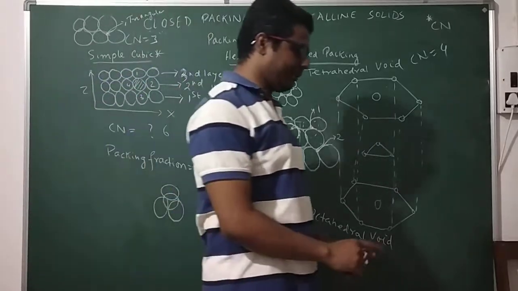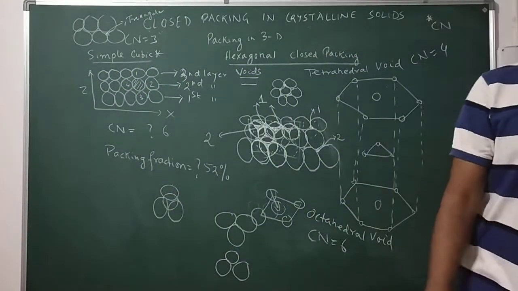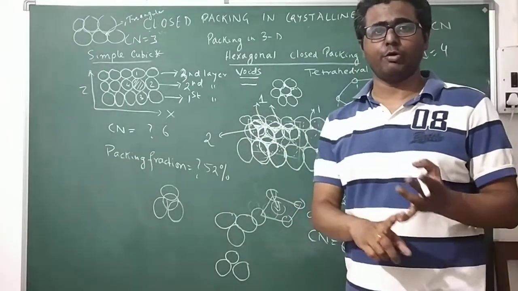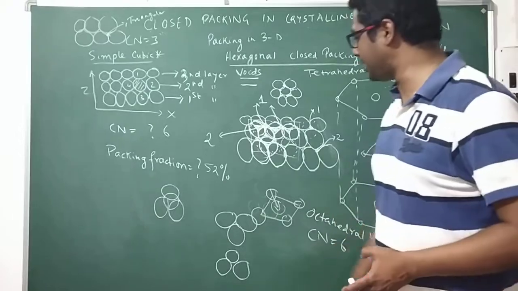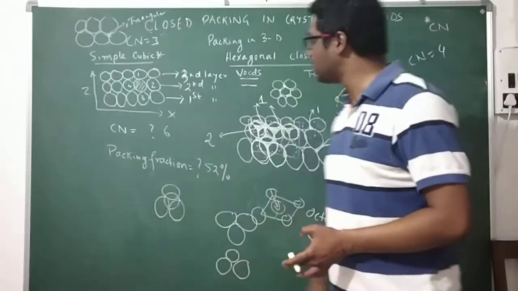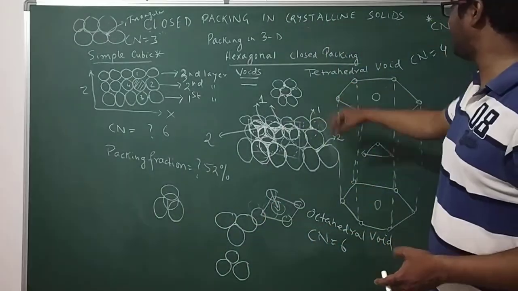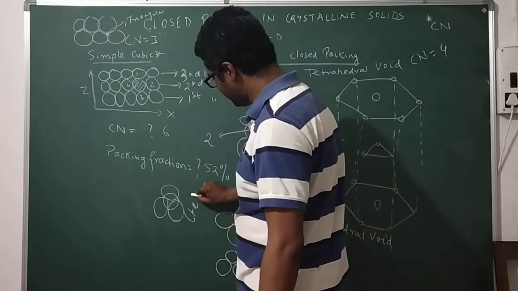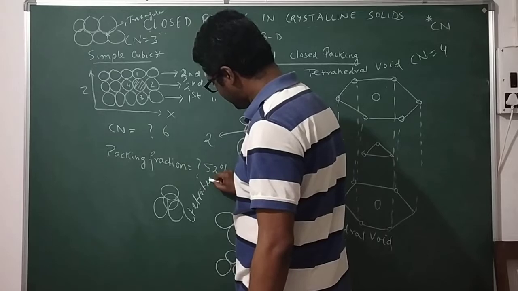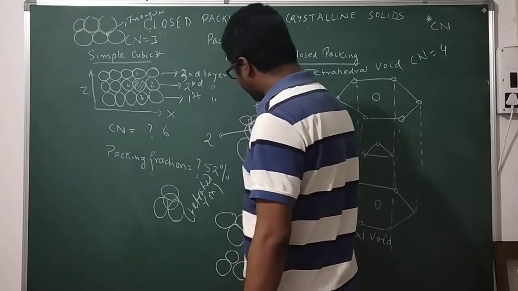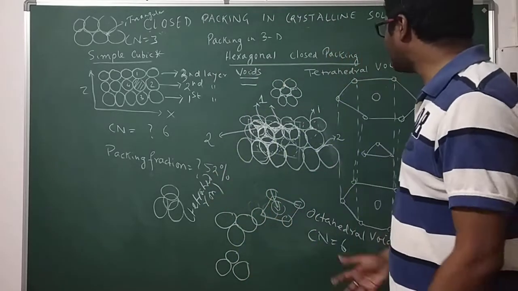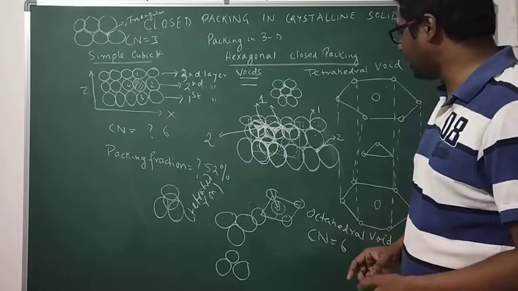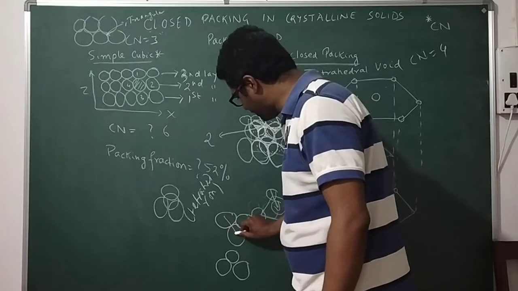So we learnt about triangular void, and we learnt about tetrahedral voids, coordination number 4, surrounded by 4 atoms, forming a structure like a tetrahedron. And in case of octahedral voids, it is a structure of an octahedron.